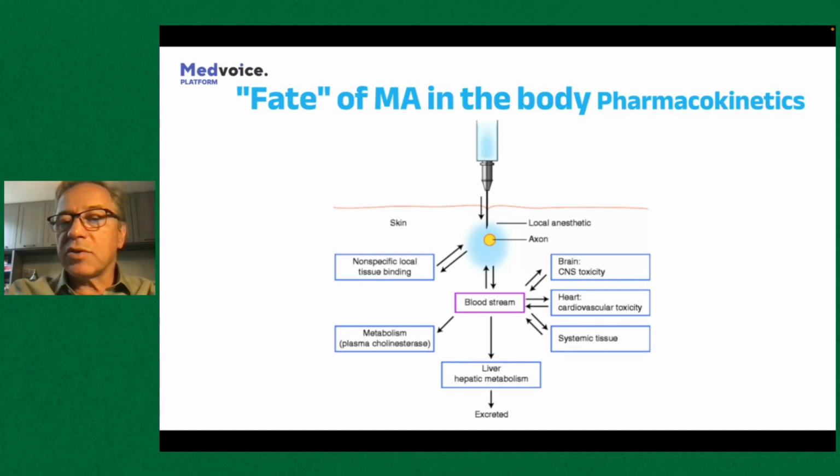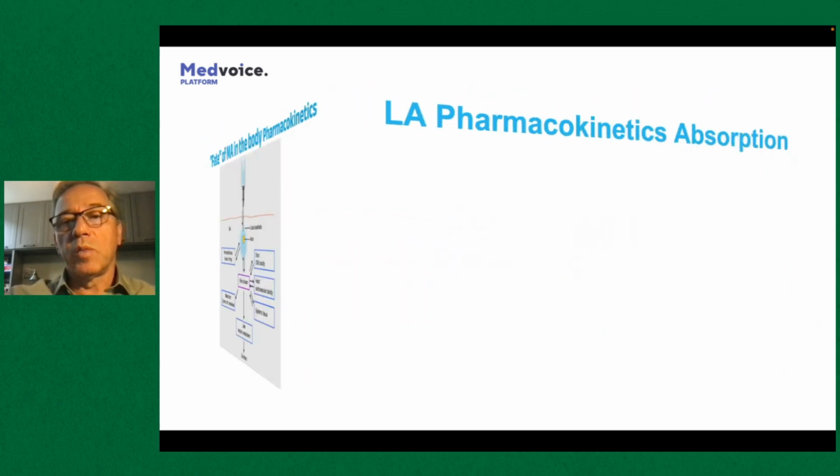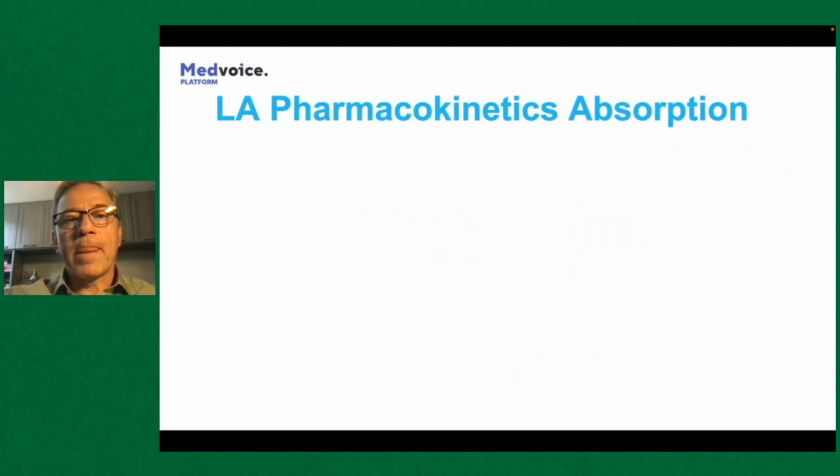But from the bloodstream, a local anesthetic will also be carried into the brain, the heart, and the systemic tissues. Hence, if the dose is increased, there could be local anesthetic CNS and cardiovascular toxicity, which we will discuss later on.